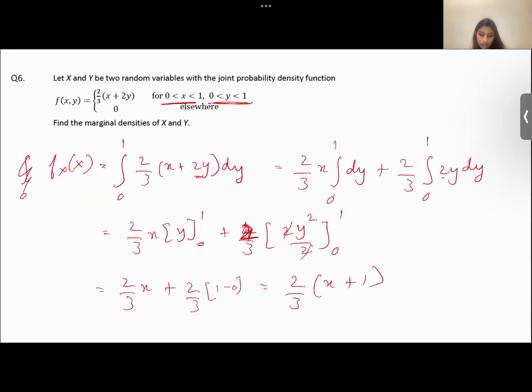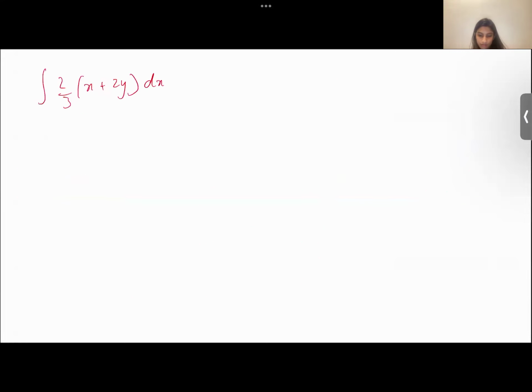Limits of x are also 0 to 1. Now what happens? 2 by 3 x dx from 0 to 1 plus 2 by 3 into 2y, which is 4y, dx from 0 to 1.